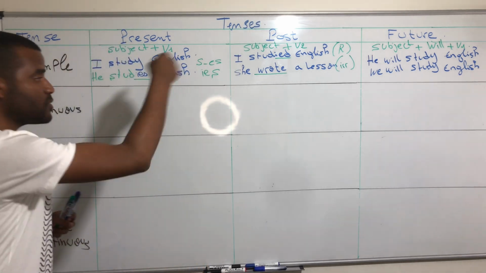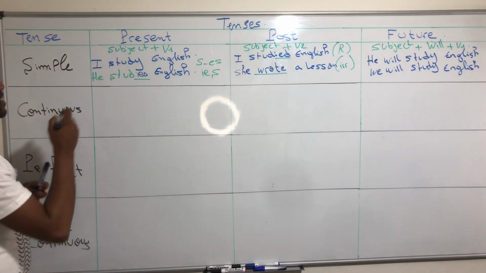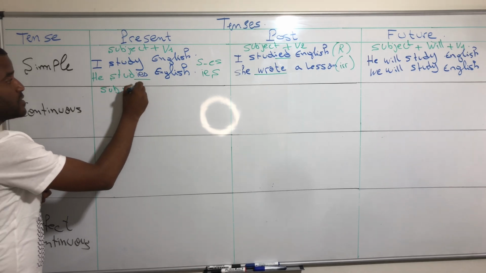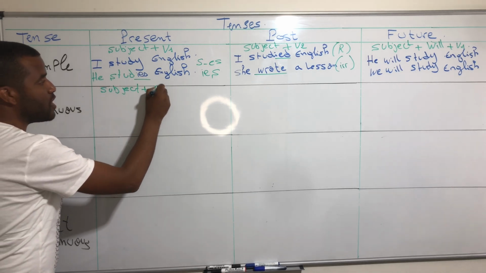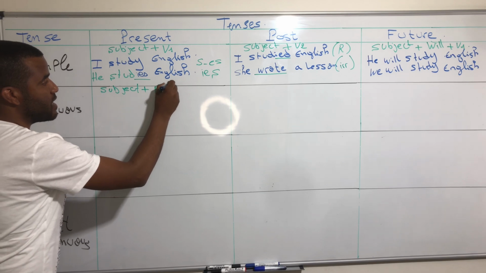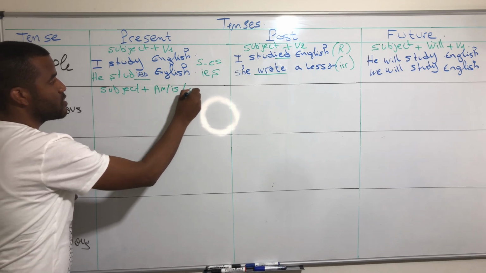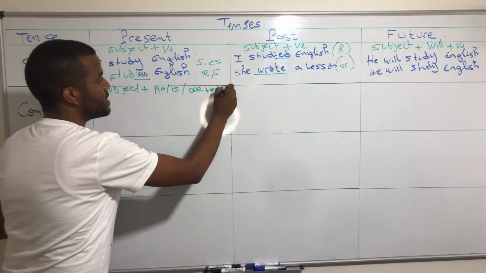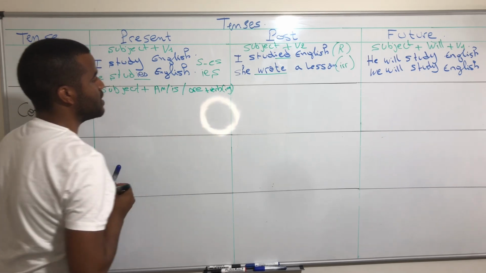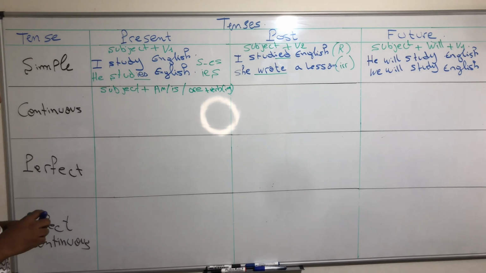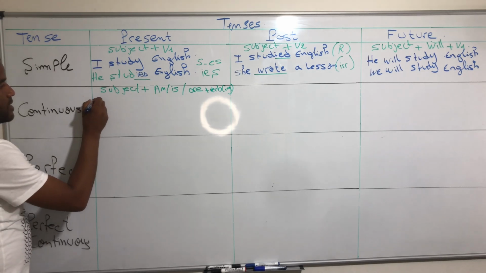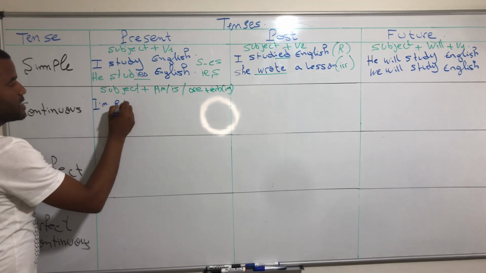The rule: subject plus the verb to be in present, am, is or are, plus verb in ing form. So for example, we can say, I am explaining.